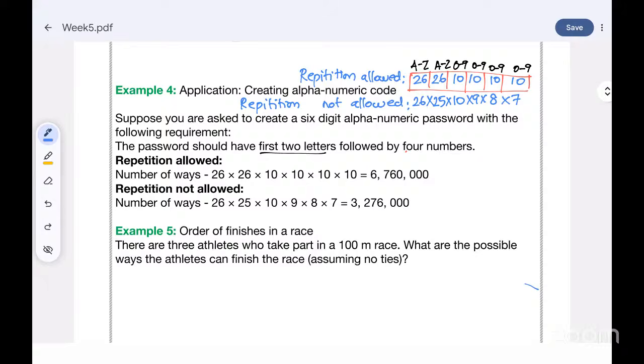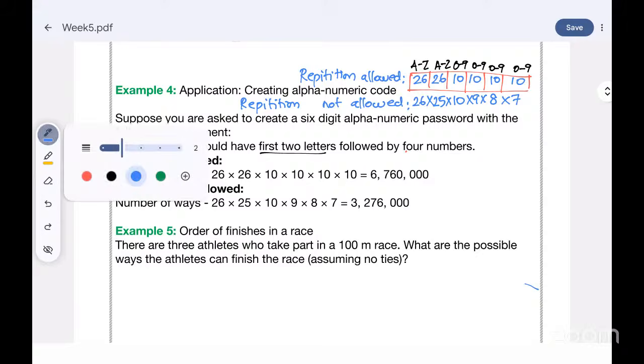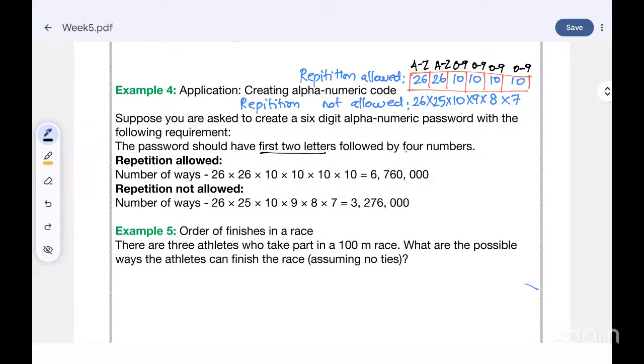Shouldn't it be 52 instead of 26, because small letters we can have as well? Yes, ma'am. If the statement doesn't mention it clearly, for example if the first 2 letters are capital letters, then what we have done is correct.